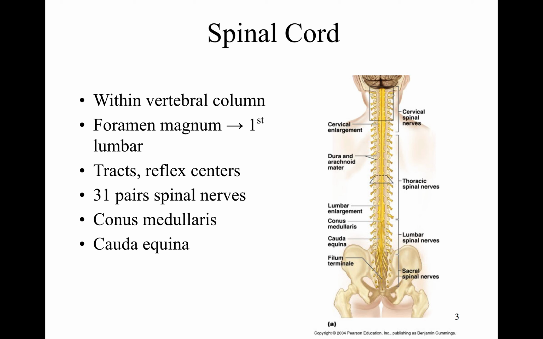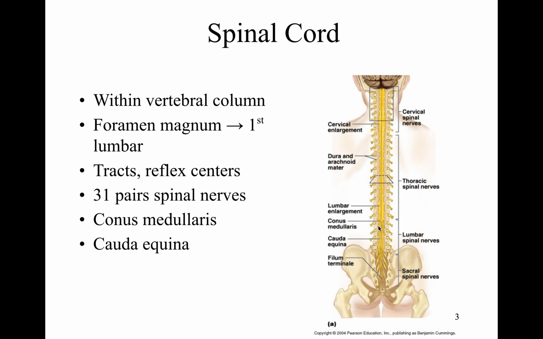I mentioned that the spinal cord ends at about the first or second lumbar vertebra. We can see that about right here. The spinal cord ends in a cone-shaped structure called the conus medullaris.